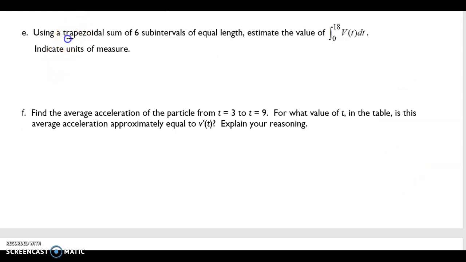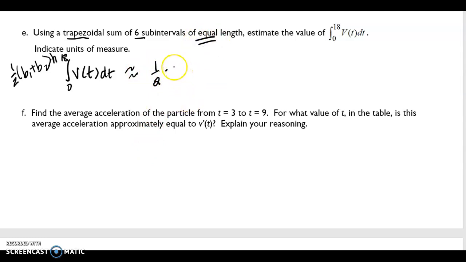So we have a trapezoidal sum of 6 subintervals of equal length to approximate this integral. So remember, with trapezoids, our formula was 1/2 base 1 plus base 2 times your height. And so we're going to have that 1/2 out in front. We have 6 subintervals of equal length. That equal length is 3, so we can factor the 3 out in front as well.